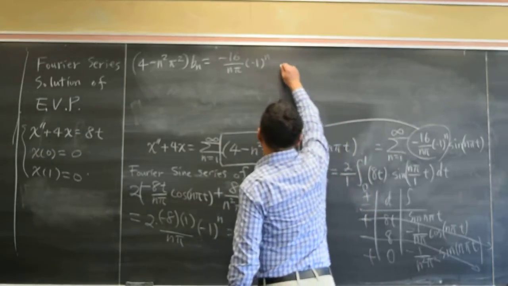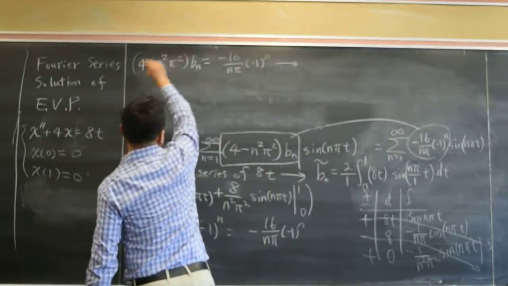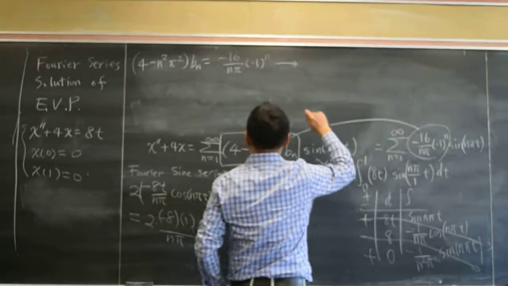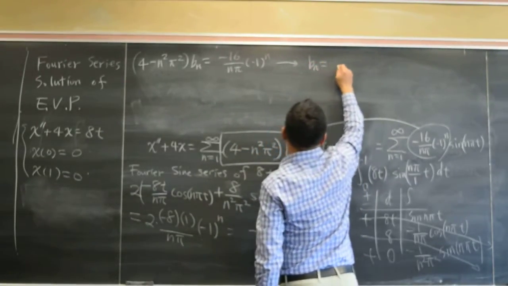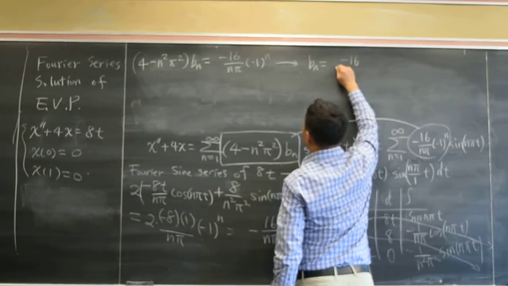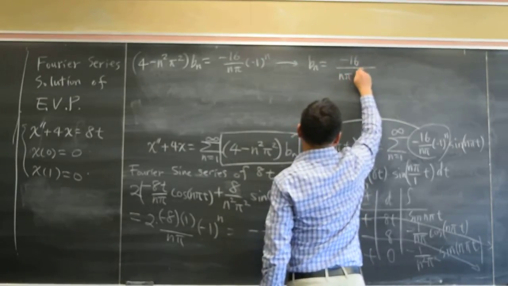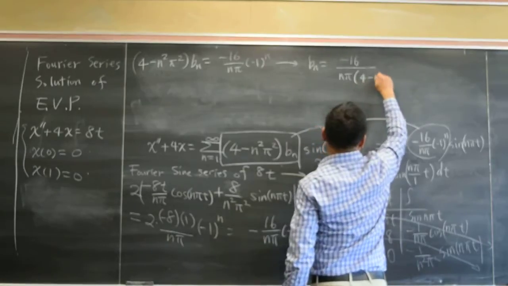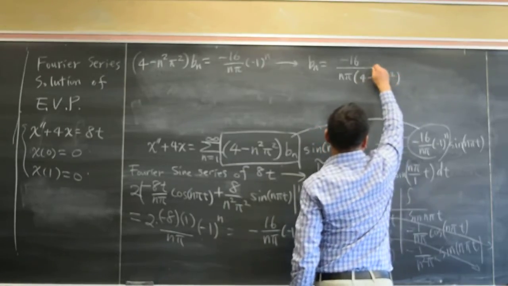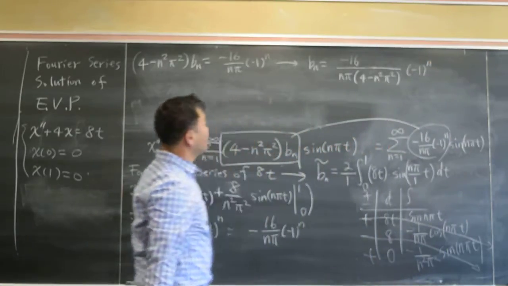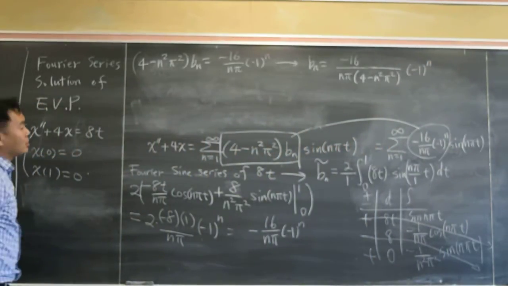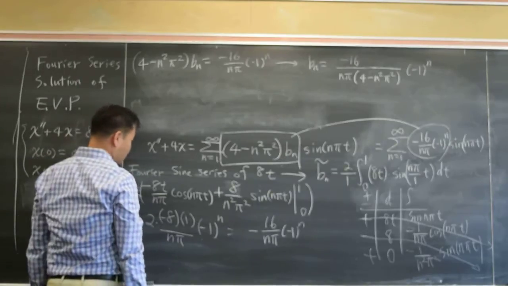And then I have to solve for Bn, which means I have to divide everything by this thing. So I end up with Bn equals negative 16 over n pi times 4 minus n squared pi squared times negative 1 to the nth power. Okay, so that's your Bn.